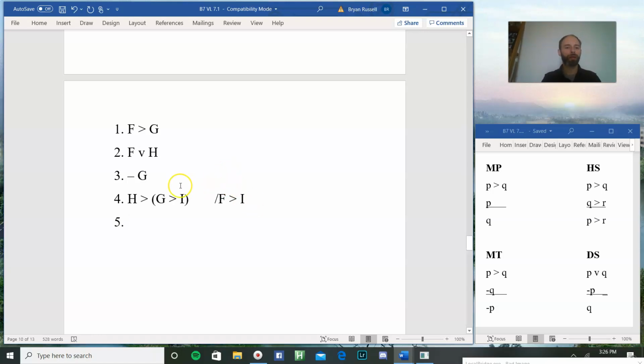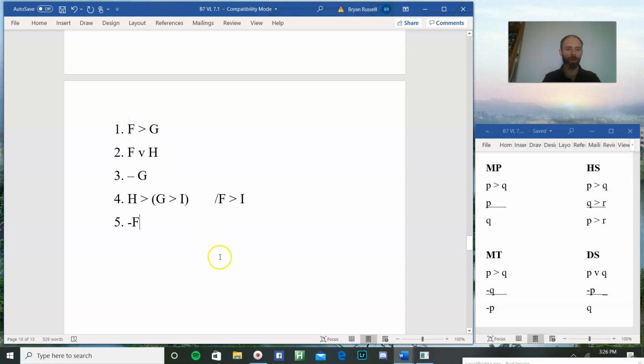So what two lines go together here? Looks like lines 3 and 1, we can use MT on that. Here we have a horseshoe, here we have the negation of the consequent, so we can get the negation of the antecedent.